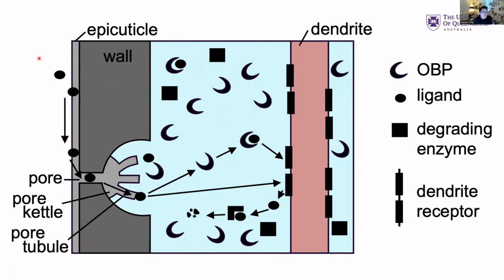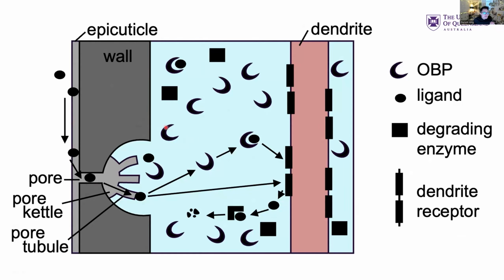Now that's just of course a very broad chemistry term, but in the context of insects, these might be odorants, tastants, and you can see here that they find their way physically through pores that line the epicuticle on the outside, right? And there's a little bit more complexity in structure here, but we're not going to go into too much detail, except that these ligands, and there's a huge diversity of them, of course, enter the pores and then enter this perireceptor environment. Okay.